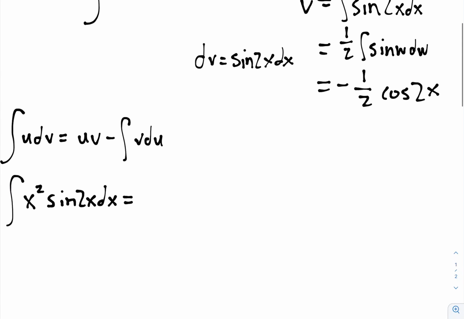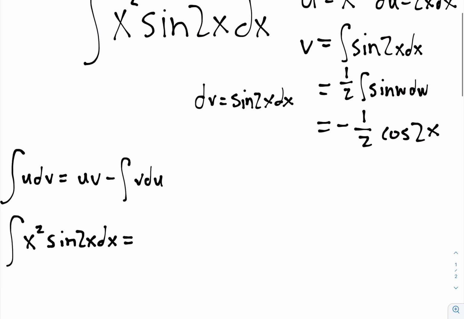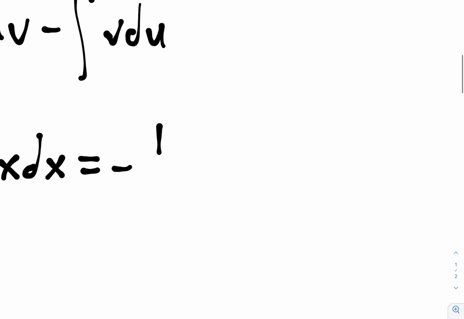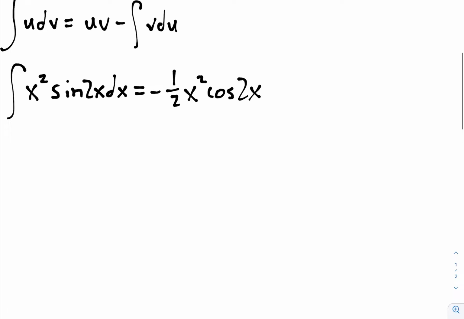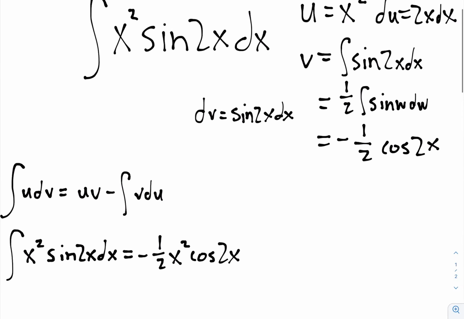Okay, well, u was just x squared, and our v was negative 1/2 cosine of 2x. So I'll write negative 1/2 x squared cosine 2x. Just bring that negative 1/2 out front there. And then what do we have next?